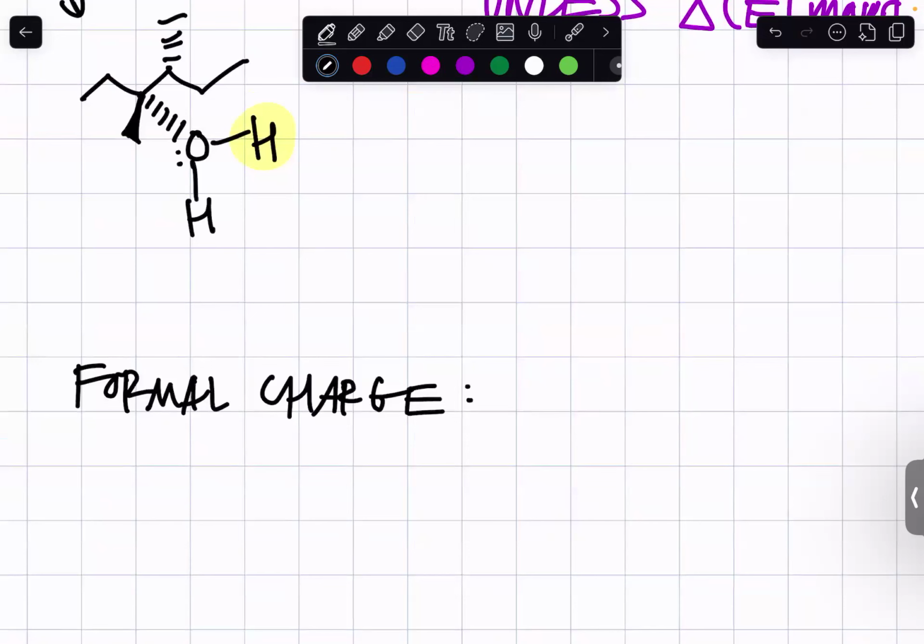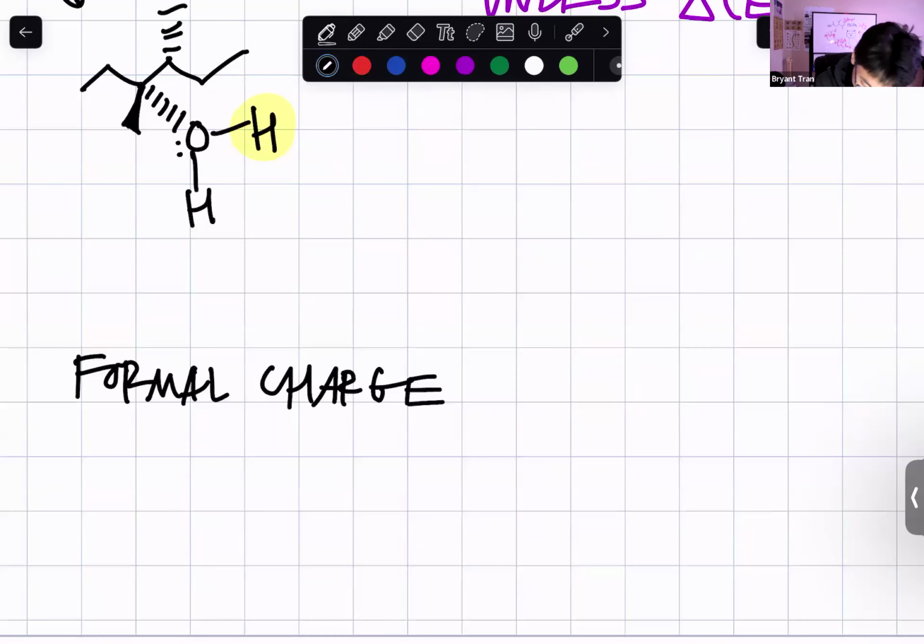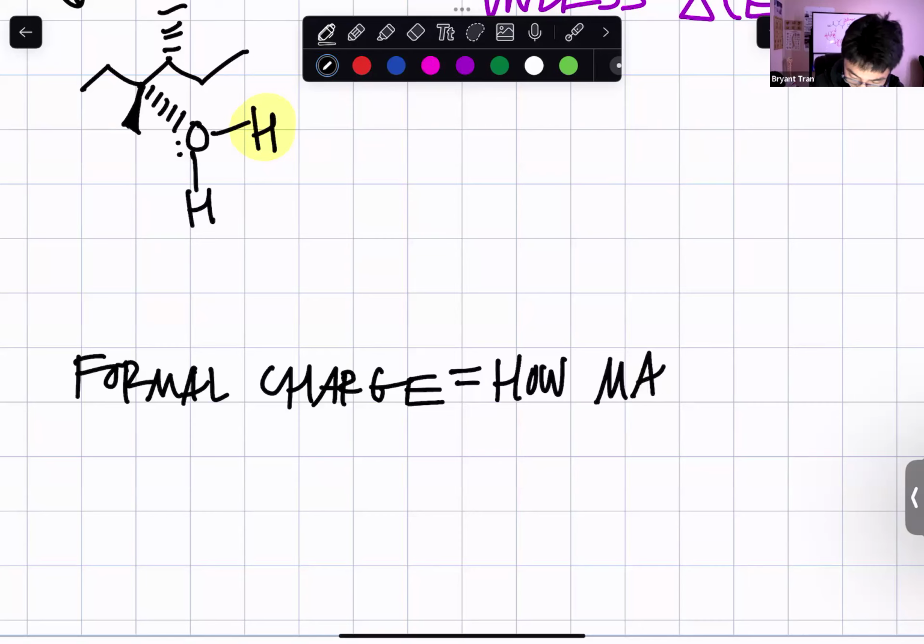I think about formal charge as equal to how many... This is not gonna be accurate in the textbook terms, but this is what I think about when I do it, and then you get the answer, right? Like in my terms, but the textbook does it a different way, and it's more specific.